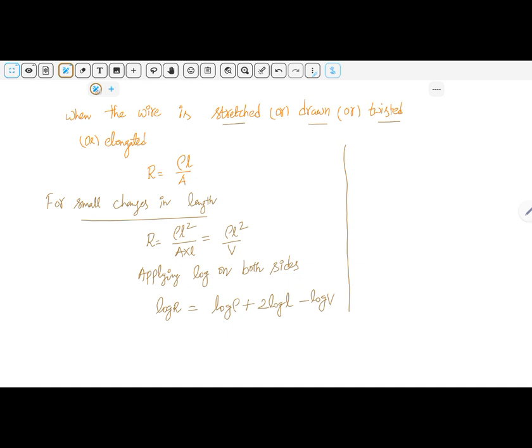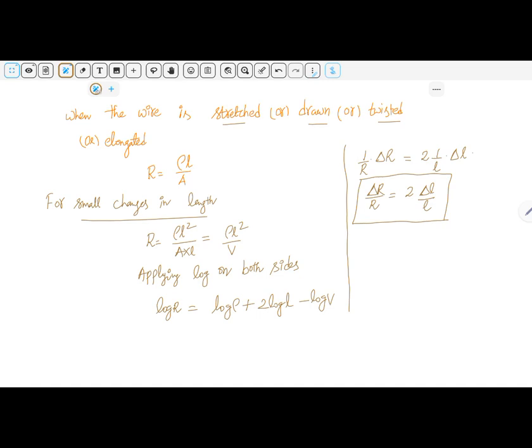Hence, when you differentiate on both sides, you will get 1 by R into delta R is equal to 2 into, the differentiation of log L is 1 by L, into delta L. So delta R by R, which is the fractional change or percentage change in resistance, is equal to 2 times delta L by L. This is the case when the wire is twisted or drawn or stretched, because in that case the area and the length are adjusted in such a way as to maintain the volume constant.